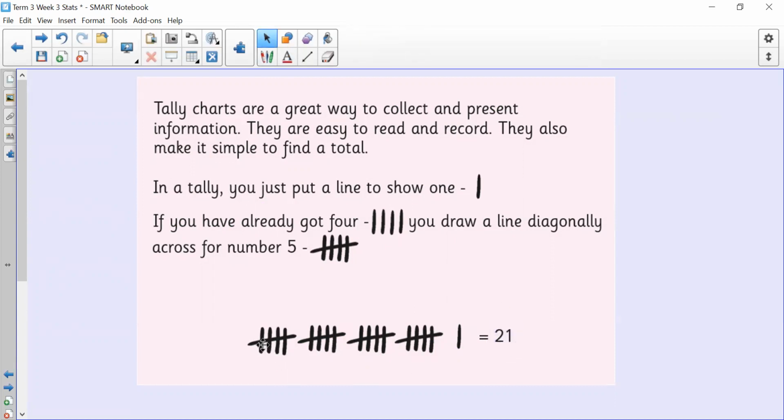So 5, 10, 15, 21. It makes it so much easier, not only to count, but also when you're collecting your data, you just quickly do lines. And when you get to 4, the next one, 5, you go diagonally across. It keeps it really clear.